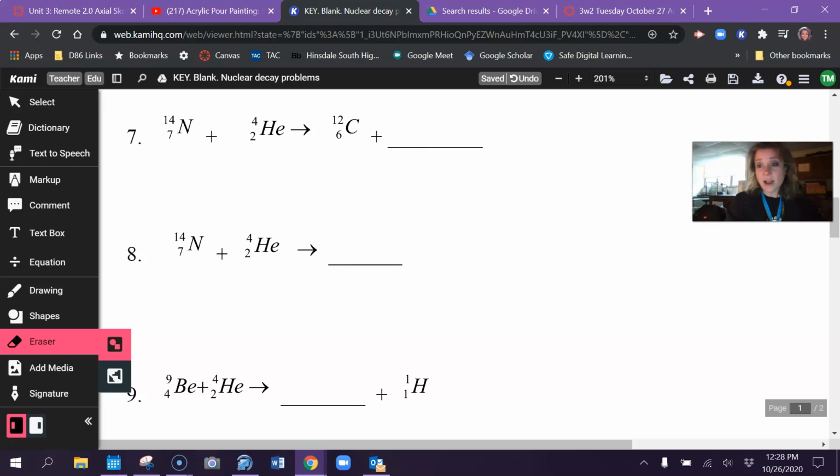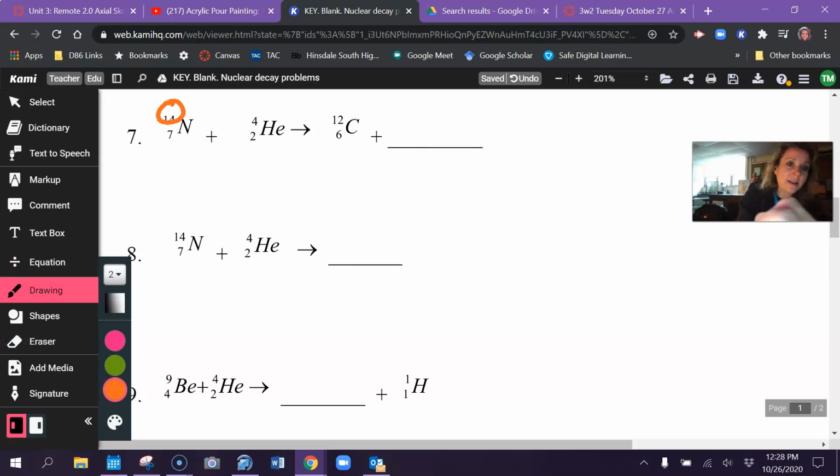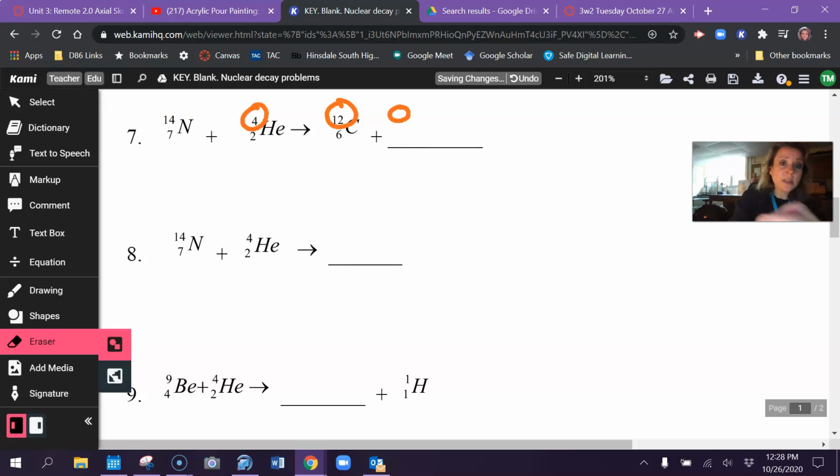But again, I know that regardless of how many I have, the mass numbers that are on the reactant side have to equal the mass numbers that are on the product side. So here's how I would do it.